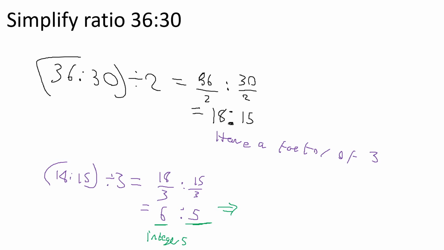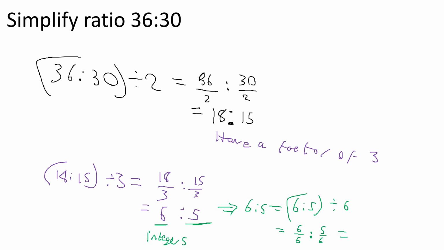So, alright, let's do it with 6, right? That 6 to 5 is the same as writing 6 to 5 divided by 6, right? What's 6 divided by 6? 6 divided by 6 is 1. And 5 divided by 6 is 5 over 6.